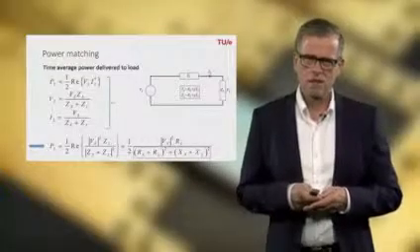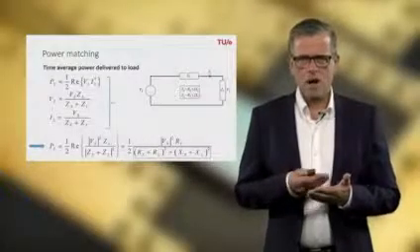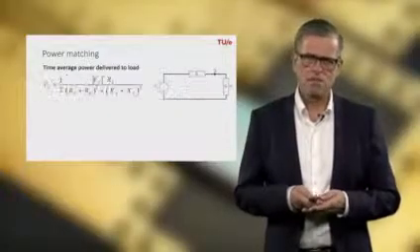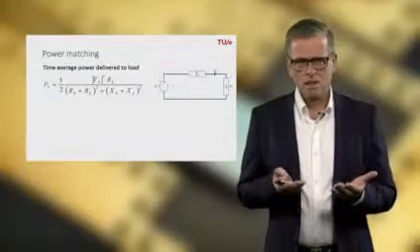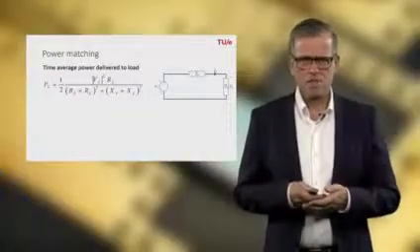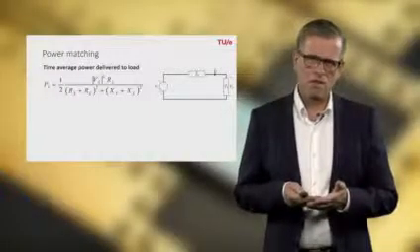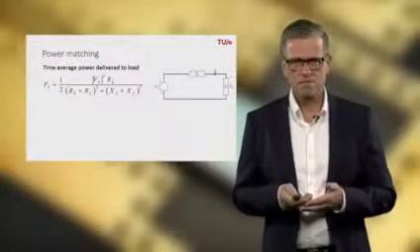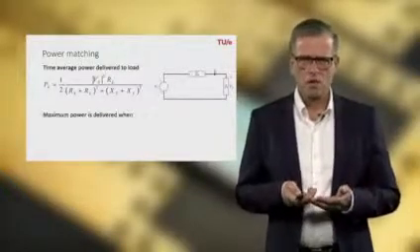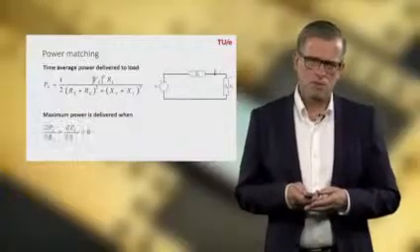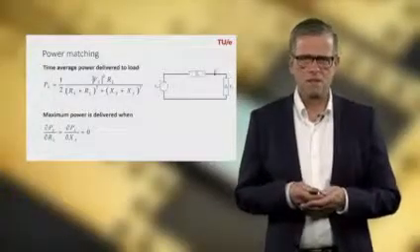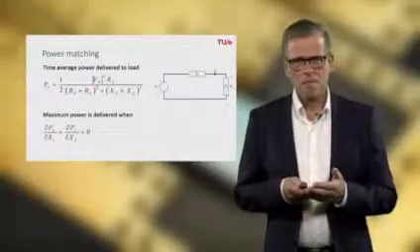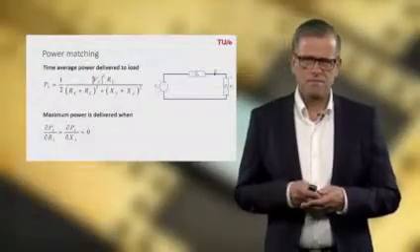Now, when is the power delivered to the load maximized? That's a good question. Well, we have a function depending on RS, RL, XS, XL, so we can look at the derivative of the function related to the load resistance and related to the load reactance.